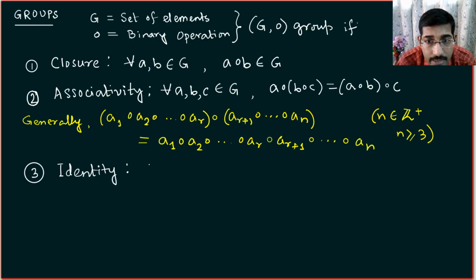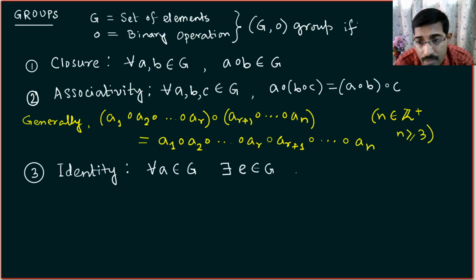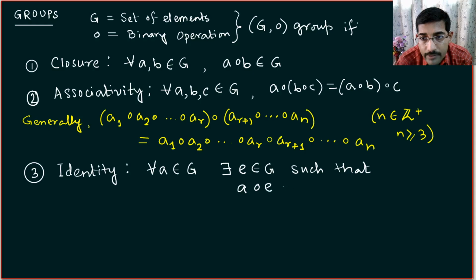Identity element says that for all elements A in G, there must exist an element E such that A operated with E will give me the same answer as E operated with A, which is basically A itself.